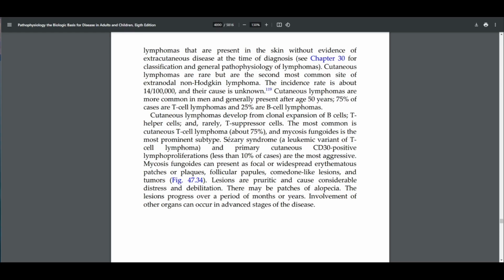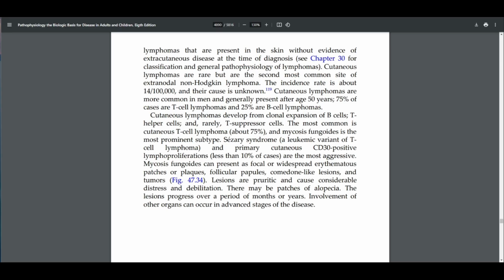Cutaneous lymphomas develop from clonal expansion of B cells, T helper cells, and rarely T suppressor cells. The most common is cutaneous T-cell lymphoma, and mycosis fungoides is the most prominent subtype. Sézary syndrome and primary cutaneous CD30 positive lymphoproliferation are the most aggressive.